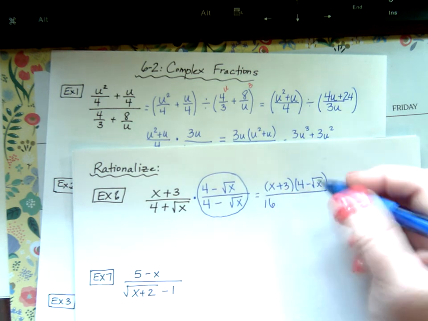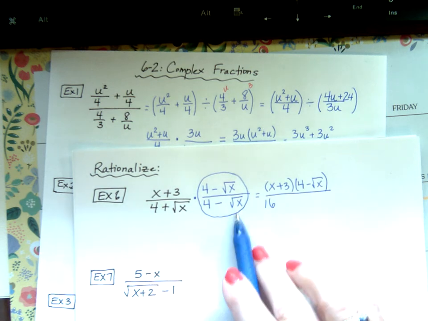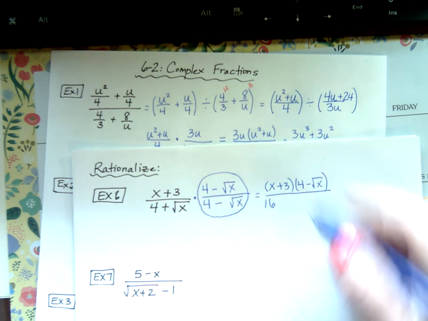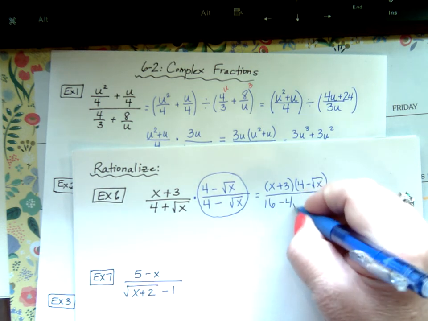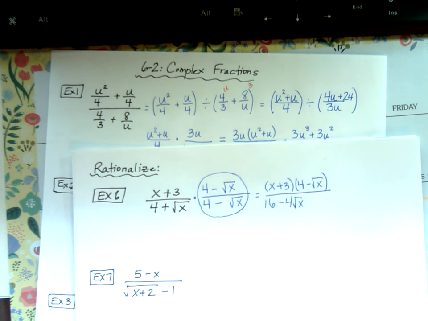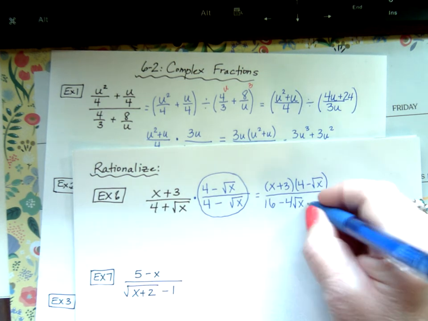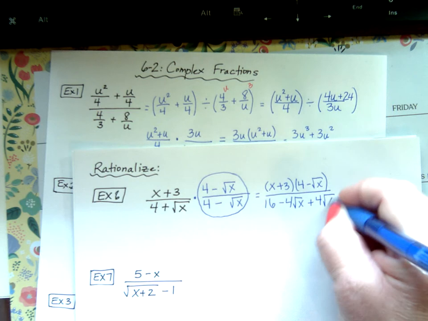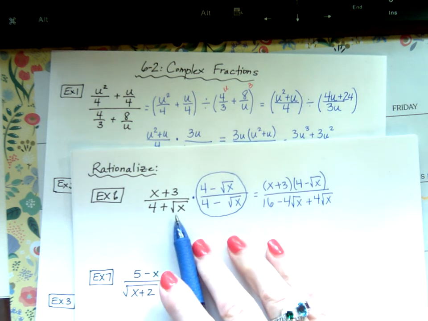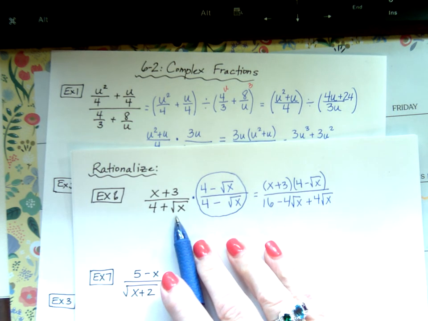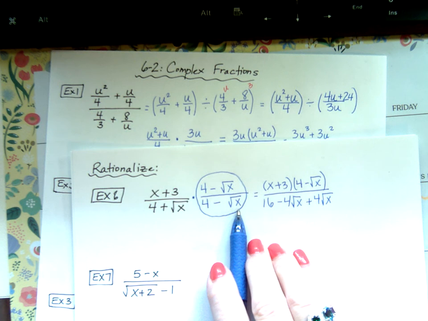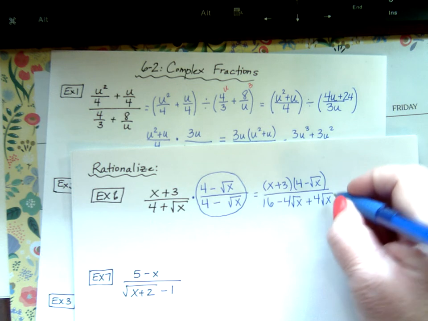Outers give me a negative 4 square root of x. Inners give me the square root of x times 4, positive, plus 4 square roots of x. And the last gives me the square root of x times another square root of x. That's the square root of x squared. They undo each other, so it's going to be minus just an x.